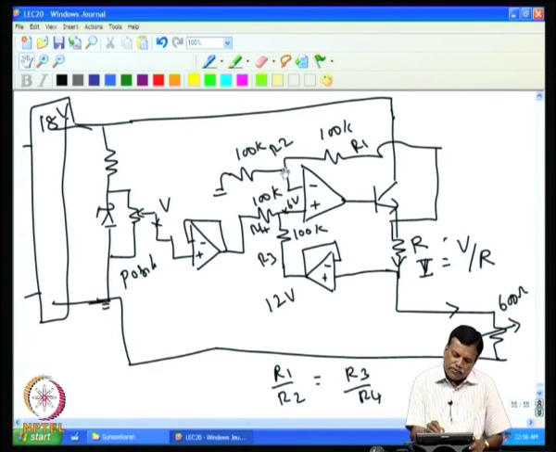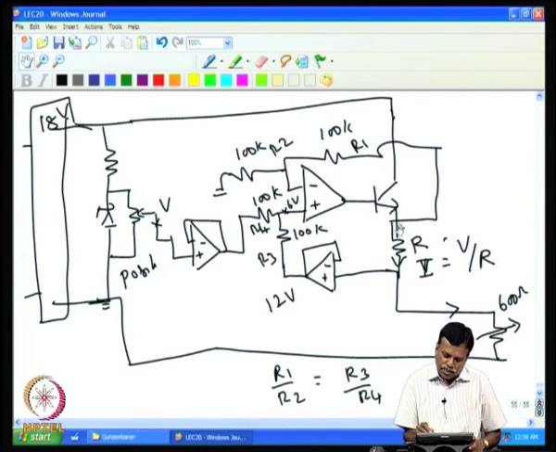So, this point never goes to 18, it is only half of that at the maximum, so it will always be below 9. Similarly, if the resistance is 0, of course, you will have close to 0. Now, assume the resistance is not 0, then this is also not 0, but even if it goes to 12 volt, then here what is coming is only 6 volt.